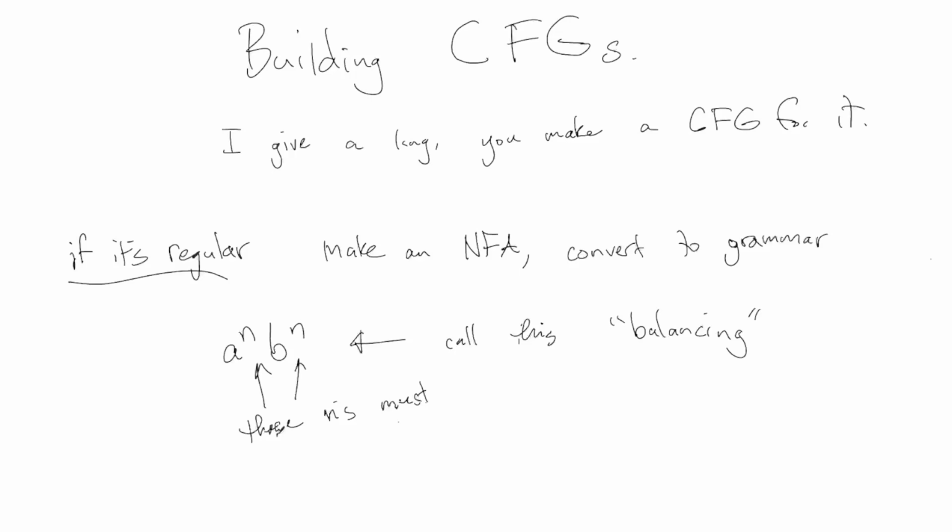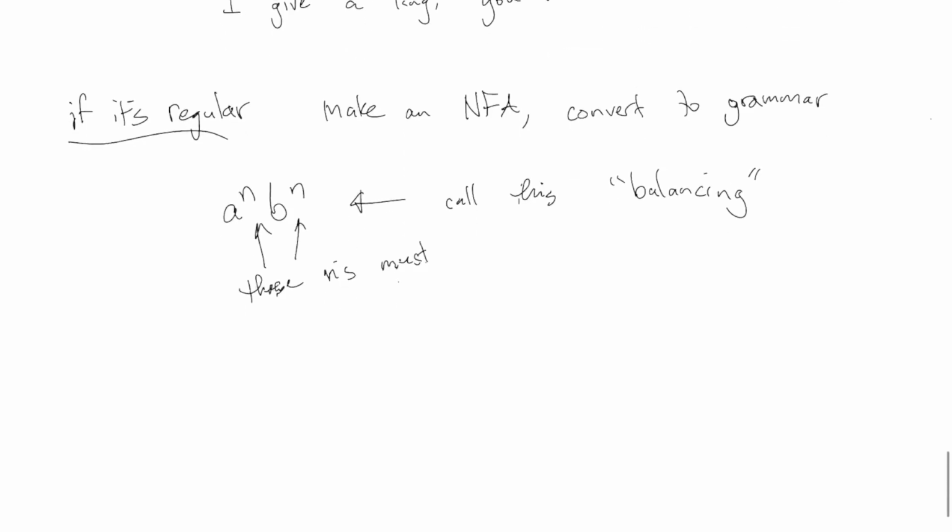As you think of the string as somehow growing, every time you do one of these grammar steps, the string gets bigger a little bit. But while the string is growing, these ends must stay the same. And that's why I think of this in terms of some kind of balancing, all right? Those two ends must stay the same.